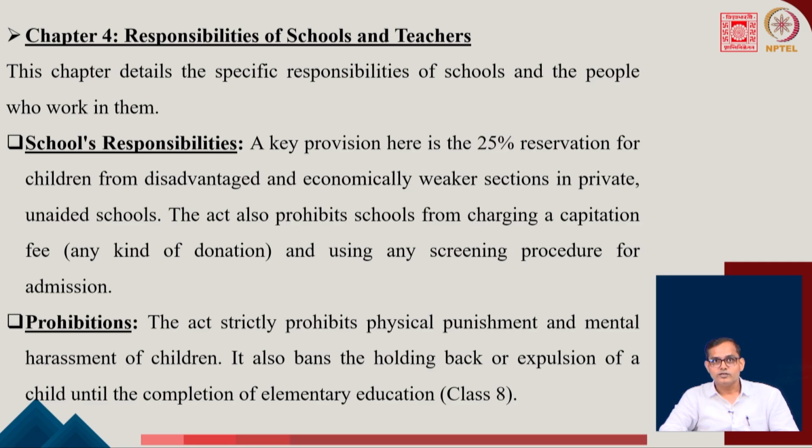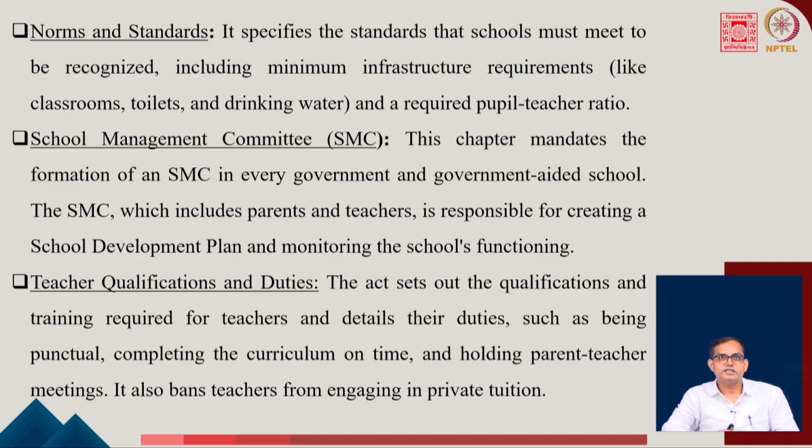The Act also prohibits schools from charging a capitation fee, any kind of donation, and using any screening procedure for admission. Prohibitions. The Act strictly prohibits physical punishment and mental harassment of children. It also bans the holding back or expulsion of a child until the completion of elementary education, that is class 8. Norms and standards.